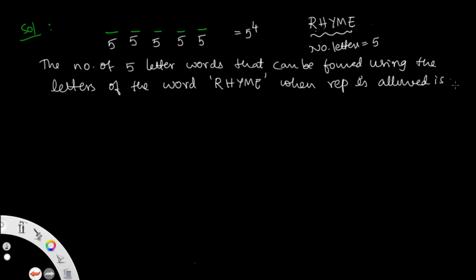It is 5 to the power of 5, that is nothing but 3125 ways we can fill up using the letters of the word RHYME to form a 5-letter word. This is question number 2.